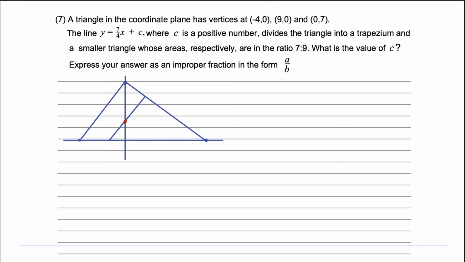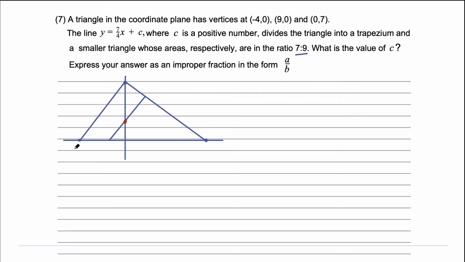All right. Again, plenty of ways to answer this question, but I think most of them need to start with this ratio here. So if this trapezium to this triangle is 7 to 9, that means the larger triangle to the smaller triangle, that ratio would be 16 to 9. So let's start off with that.